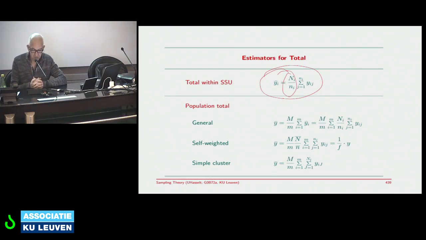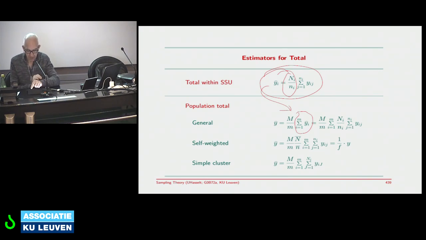And then for the population total, what I do is I take the previous quantities, I sum them over all of my primary sampling units, and then I say, yeah, but I selected 10 towns out of 30 towns. Okay, then I have to multiply by 30 divided by 10, I scale it up by a factor 3.